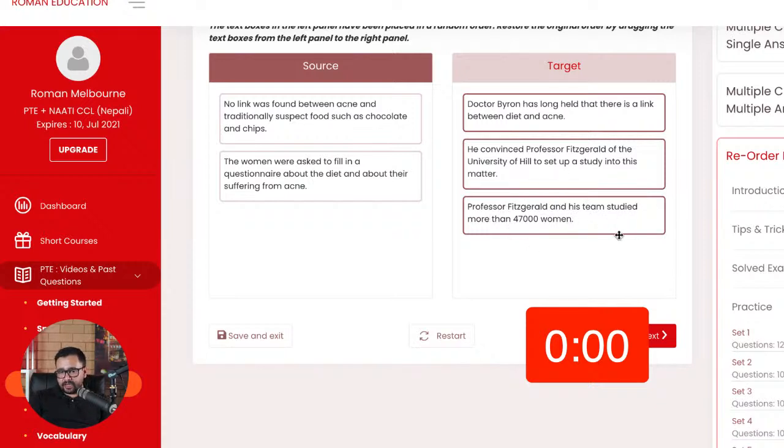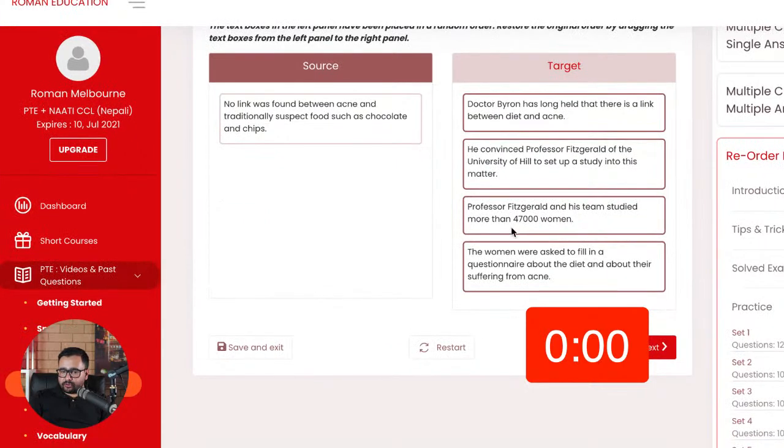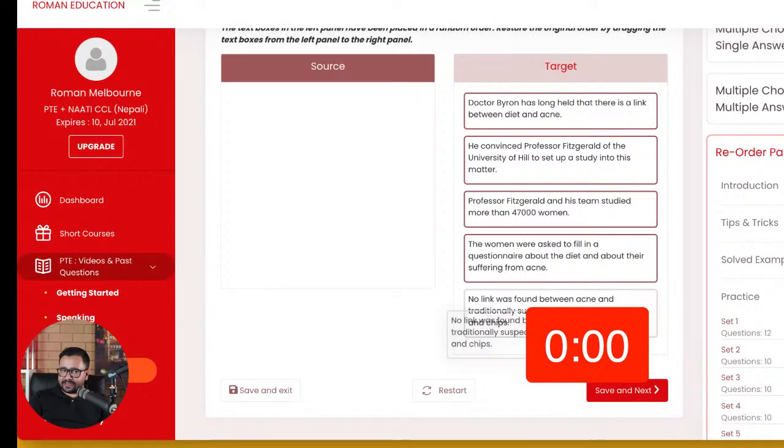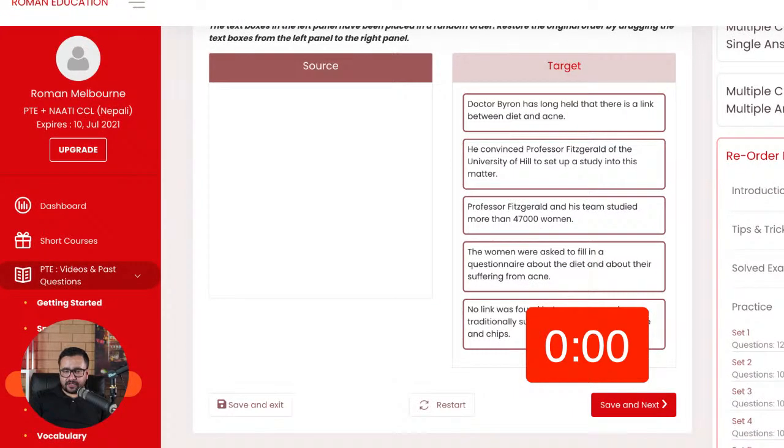Before you study, you have to set up the study. That makes sense. And what did they do? More than 47,000 women. Which sentence is talking about women? This one. "The woman" means the group of 47,000 women. And this, of course, will be the last sentence because it is the only one left. Not just that, it is the result of the study.